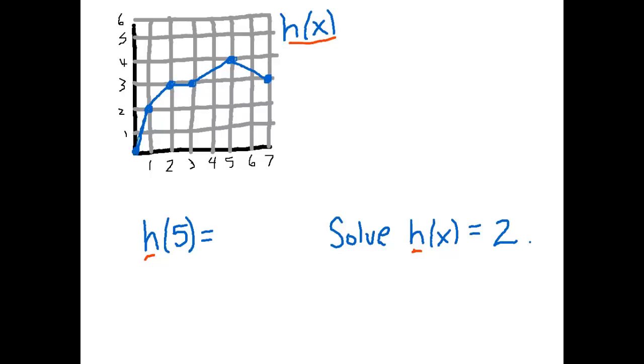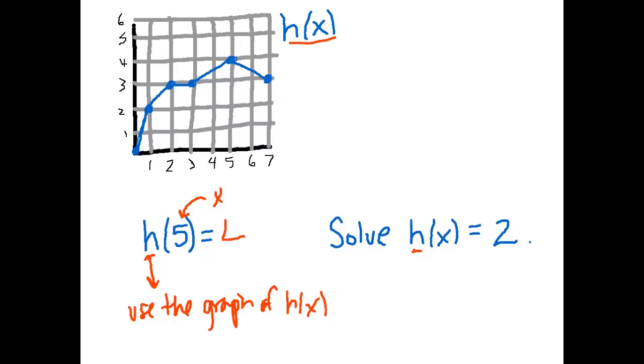So h of 5, this is really saying use the graph of h of x, and the x value we're looking at is 5. Okay, so here is the x value of 5. I'm going to go up all the way to the graph, and I see it right up here. What y value is that? It is at 4.